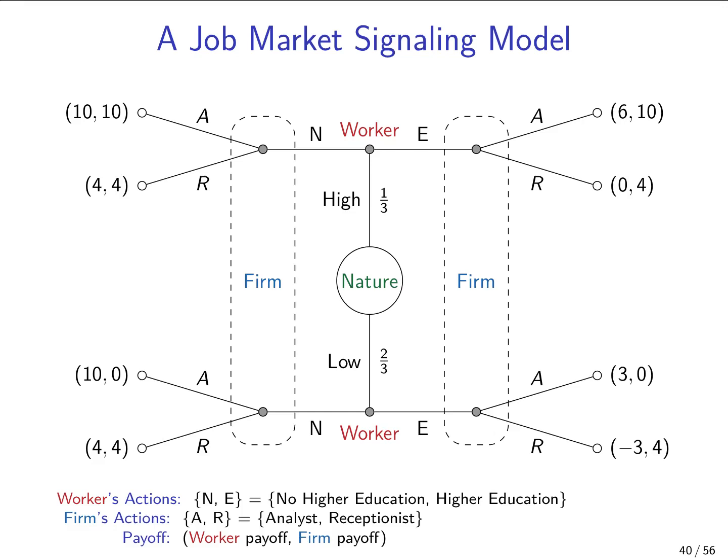If we are here, we're talking about a high type worker. If we are here, we're talking about a low type worker. Then after they choose the education level, the firm, observing whether the worker has high education or not, would decide whether to hire the worker as an analyst or a receptionist.